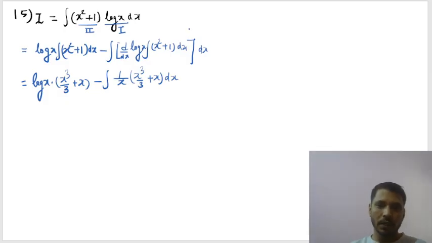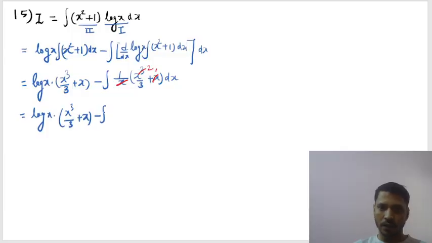Now if you multiply this x here, because of this x the power will become 2 and this x will get cancelled out, it will become just 1. Means in the next step we have log x and x cubed by 3 plus x, and inside the integration, what we are getting is just x square by 3 plus 1 into dx.